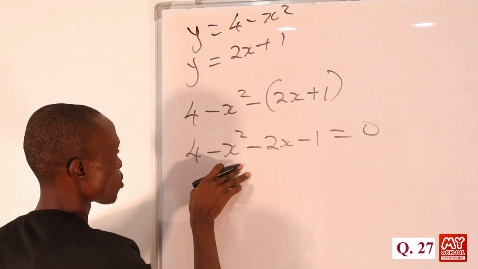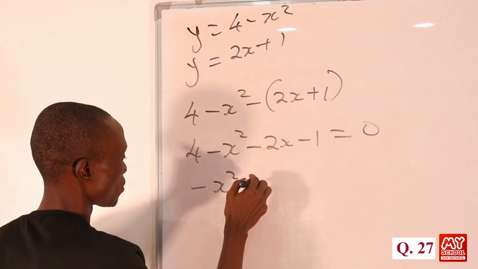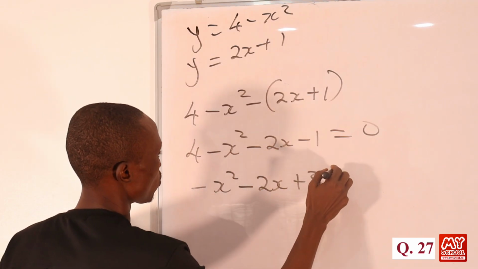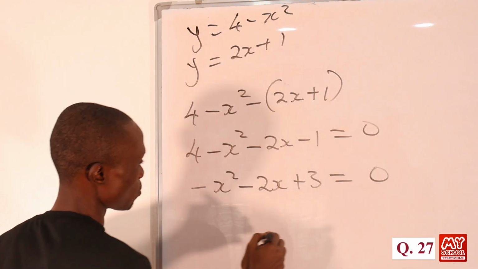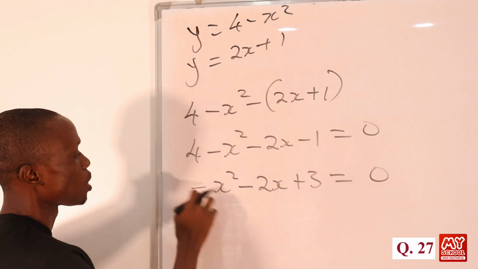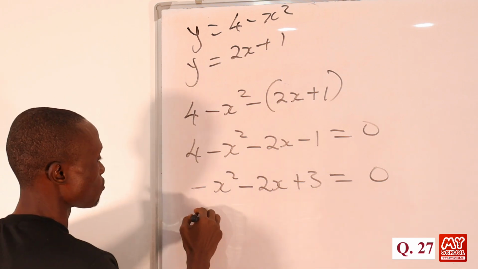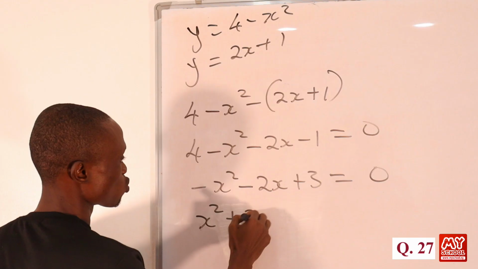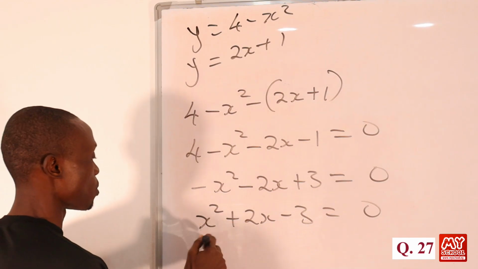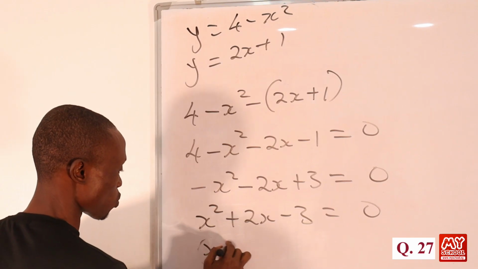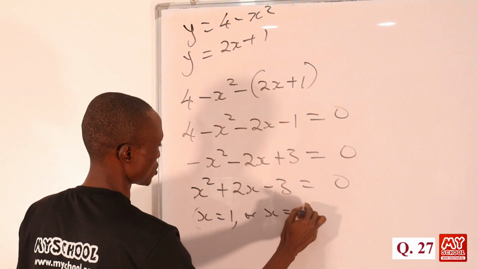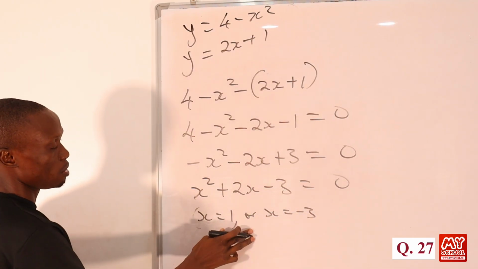If we tidy this up, we'll be having -x² - 2x + 3 = 0. Let's multiply through by -1, so that we'll be having x² + 2x - 3 = 0. If we factorize, we'll be having x = 1 or x = -3. So this gives us the limit.